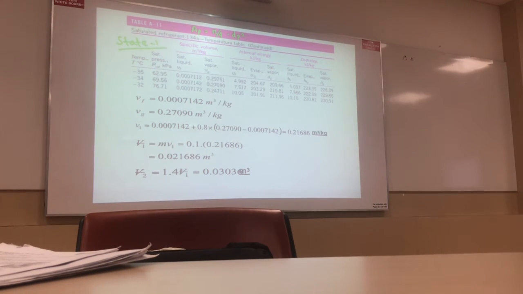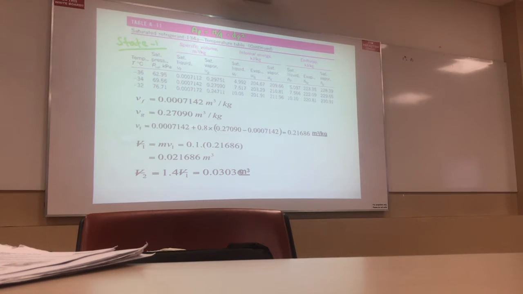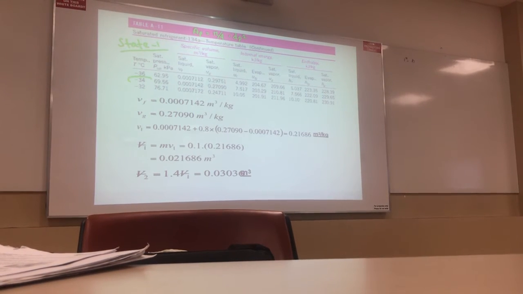State 1 is a saturated liquid-vapor mixture at the temperature of minus 34. What is the saturation pressure? 61.56 is equivalent to the initial pressure.